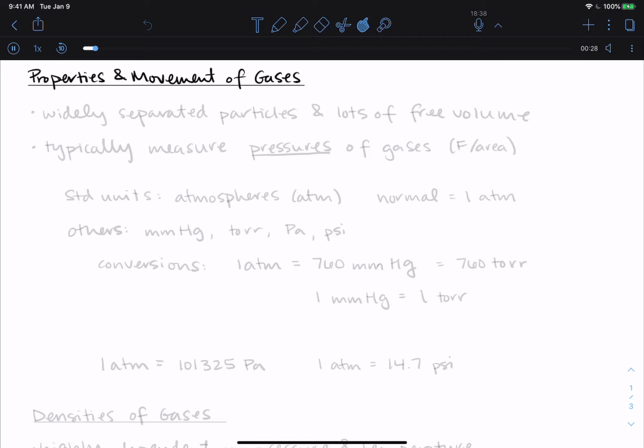So gases, remember, are widely separated particles. And in a sample of a gas, you have a lot of free volume.